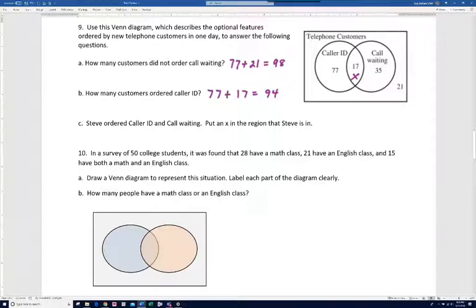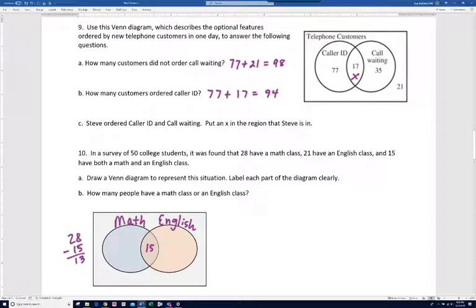All right, so what we learned is, again, we want to work inside out when we build a Venn diagram like this. So first of all, let me label the circles. We have the math circle and the English circle. And we want to put in the 15 that took math and English in the overlap. So now when it says 28 have a math class, notice in the math circle we already have 15.